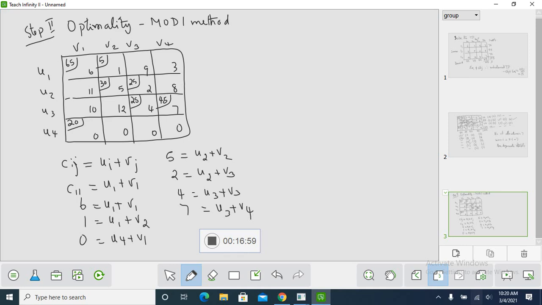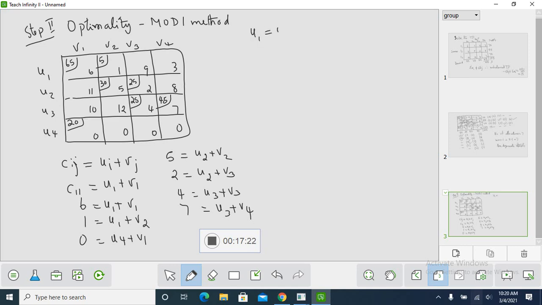Now check for the row or the column which has maximum allocations. We find 3 rows are having all allocations, 2 to 2. Similarly, 2 columns have maximum allocations, 2 to 2. So it is our choice to put anything as 0. So we can take either V1 is 0, or U2 is 0, or U1 is 0.